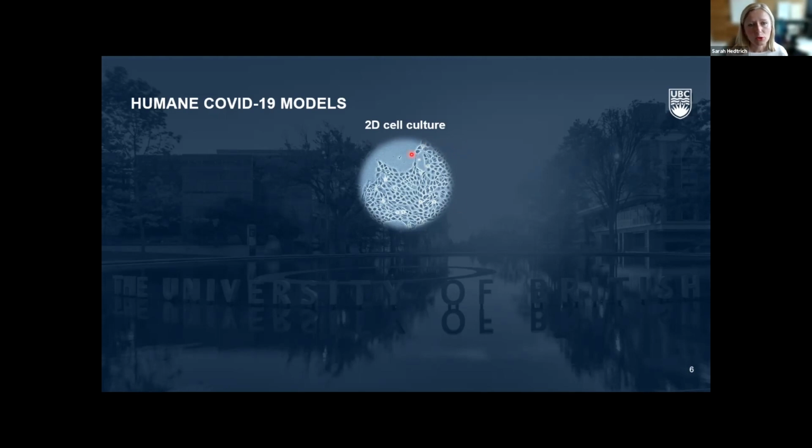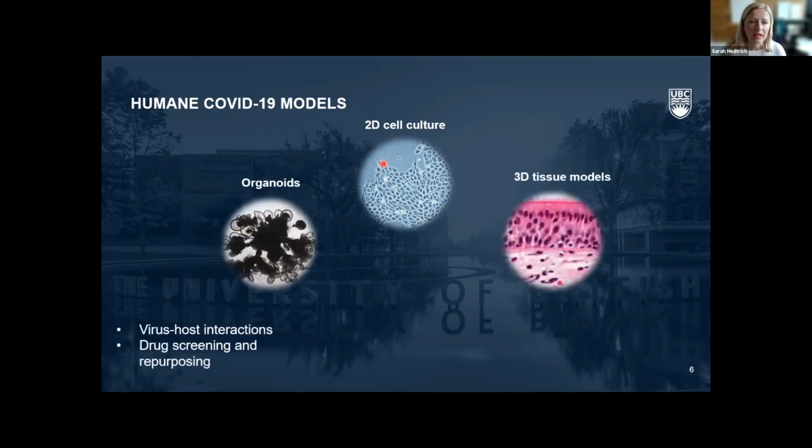Nonetheless, this is an important tool, but also here, you need to keep in mind that the results you will get strongly depend on the expression levels of, for example, the ACE2 receptor or the TMPRSS2 protease. So by choosing a specific cell line, this automatically also generates a bias and can skew results in one way or the other.